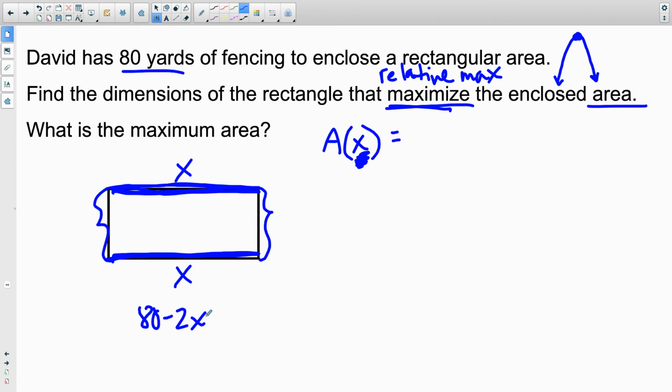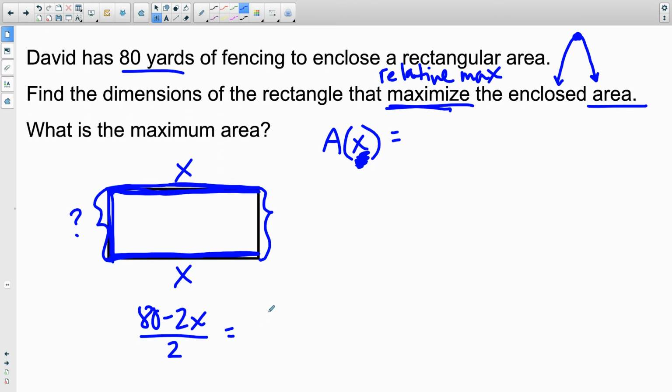This is how much we have left to cover the final two sides of the rectangle. So what would I call this one side length? One side length would take half of what we have left. This represents the amount of fencing left after the first two sides. Take half of that, and that would represent the length of this side.